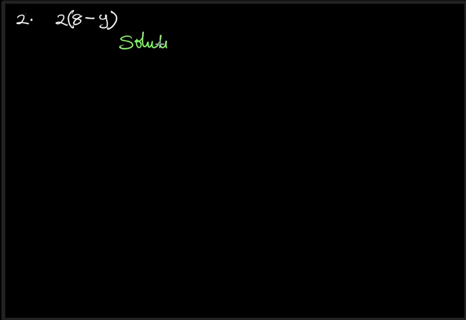Okay, we move to number 2. Solution. What do we have? 2 bracket 8 minus y. Of course, we have our plus here. Plus times plus gives us plus, 2 times 8, that will give us 16.